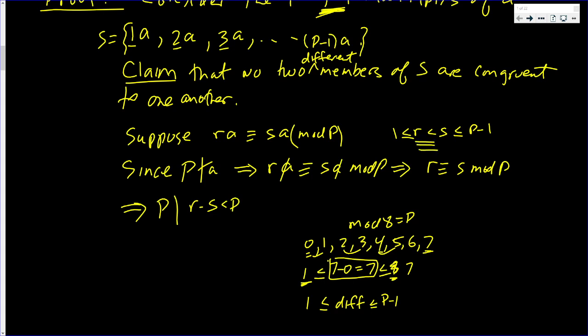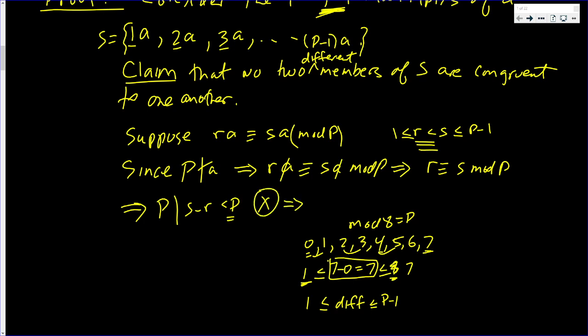But let me see one little thing. I said R was the smaller one, so let's live up to that. Let us write S minus R. But like I just argued, it's less than P. That's a contradiction.